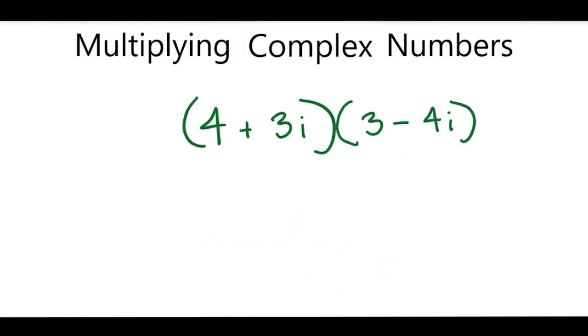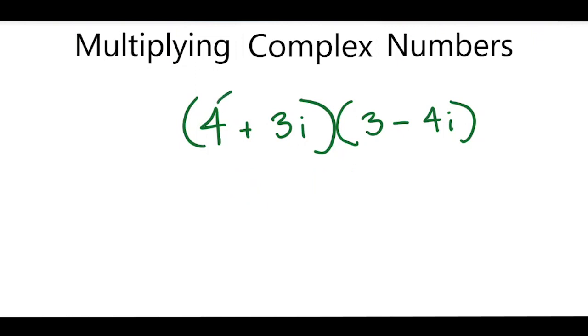So let's say we have two complex numbers and we're going to multiply them. Each one has a real part and an imaginary part. So you'll remember FOIL, right? First, outer, inner, last, to multiply two binomials. The same works when you're multiplying complex numbers.